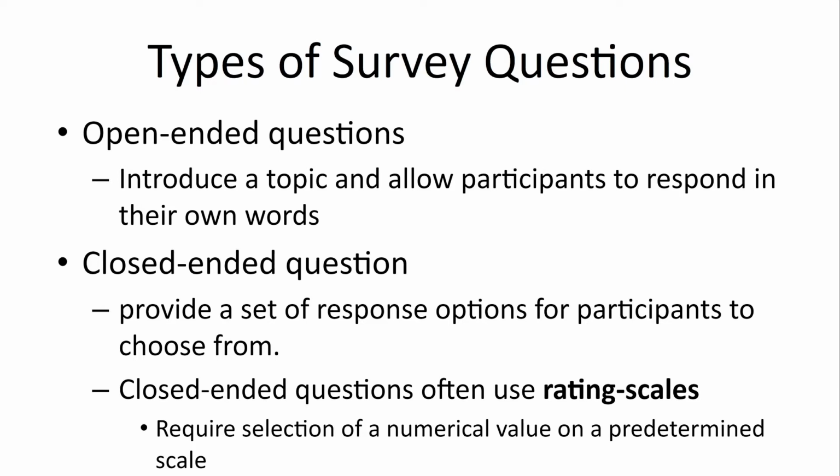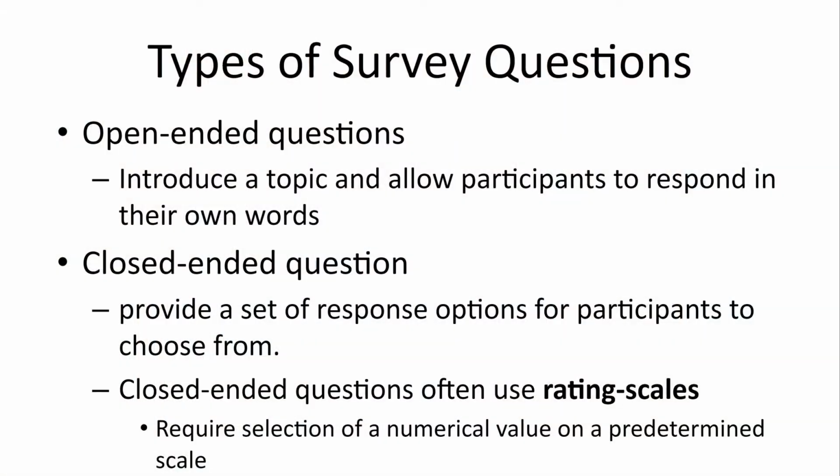This obviously has some unfortunate consequences. If you let participants write anything they want, they often will write anything they want, and that can often be pretty useless regarding trying to answer your hypothesis. So what a lot of researchers prefer is simply using close-ended questions, where you provide a set of response options, like the previous rating scales I was describing.